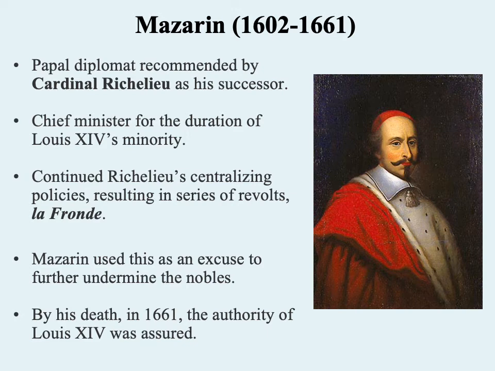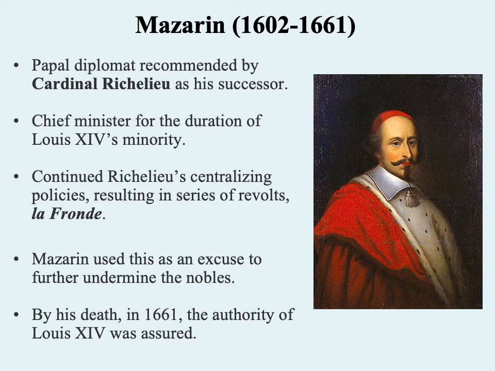And imagine for the nobles, the thinking is this is really the last chance to turn this thing around. And in fact, you could say they're going to test Mazarin to see if maybe he's going to end up being a weak chief minister, right?